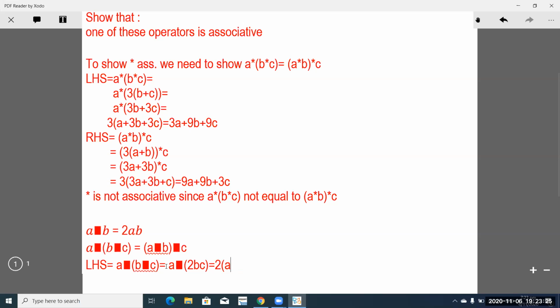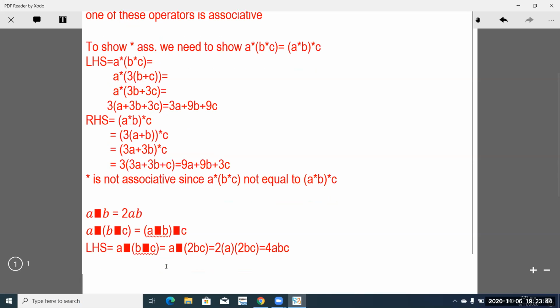And the second number is what? 2BC. So it is 2 times A times 2BC. Nice. And so what this simplifies to be is 4ABC.